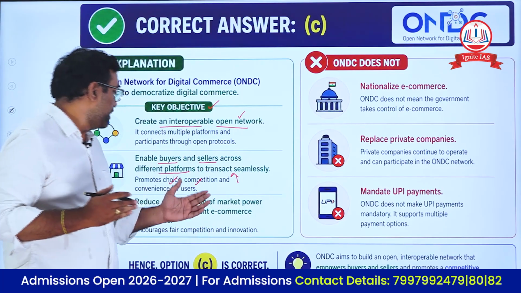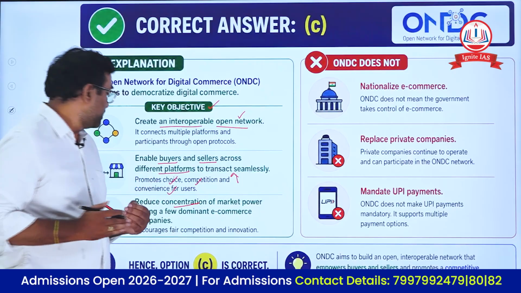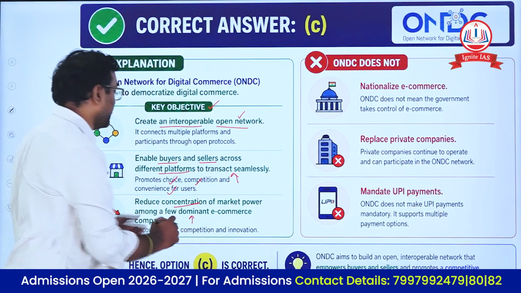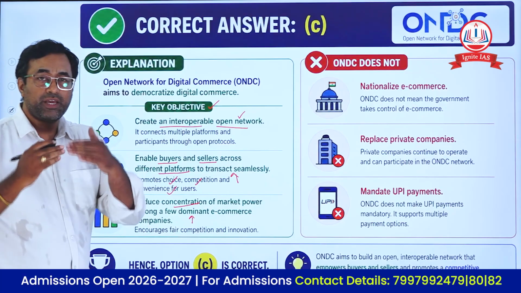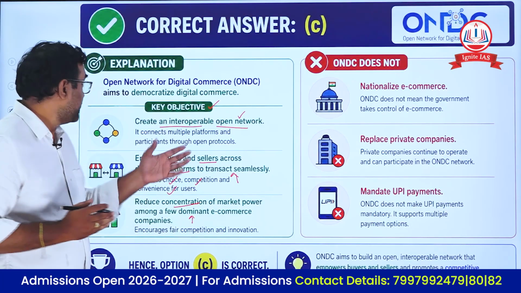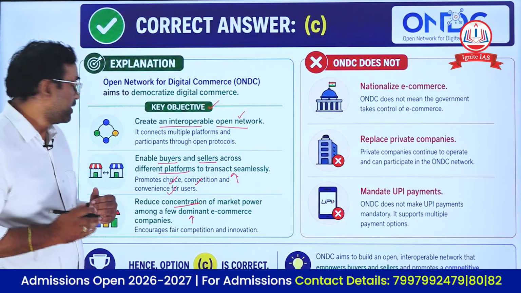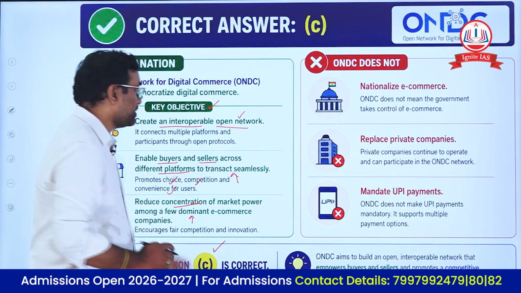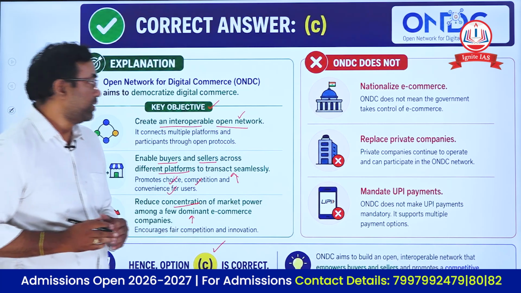That can be addressed by ONDC. That means the concentration of the few dominant e-commerce companies which currently have a major share of e-commerce can be reduced. That is also one of the objectives of ONDC. That is the reason option C is the correct one.